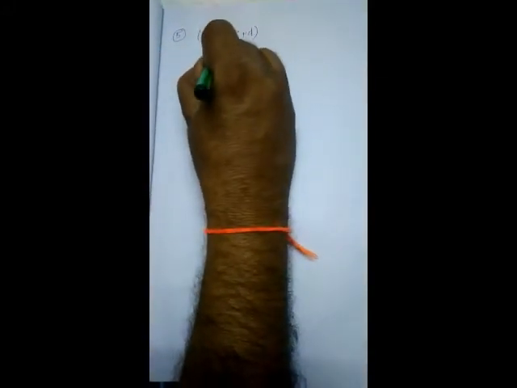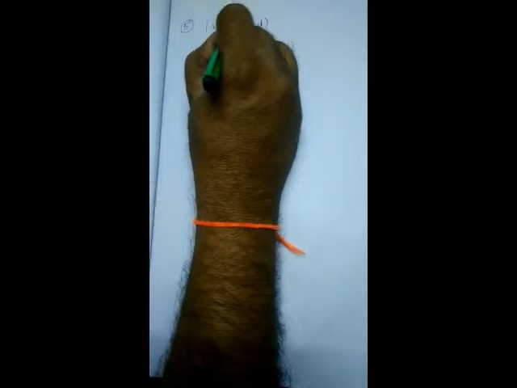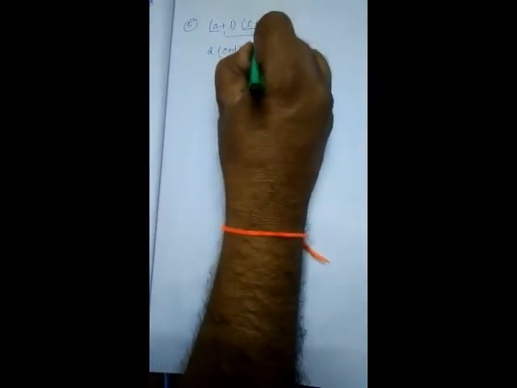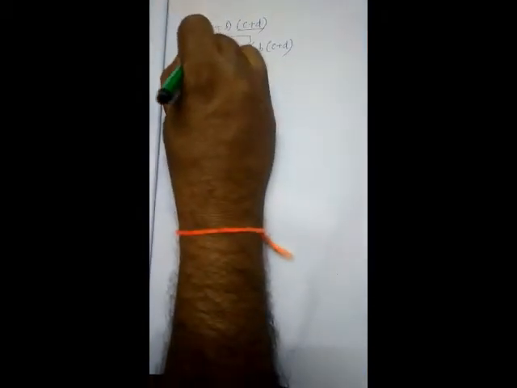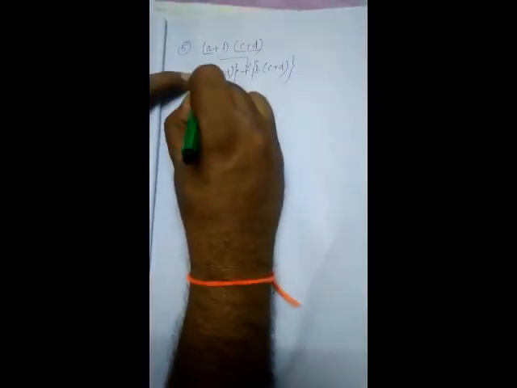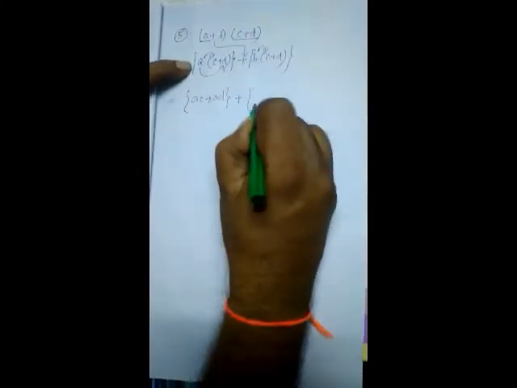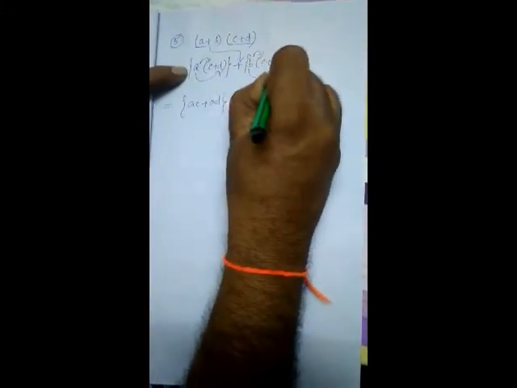Okay, one more, the fifth example. A plus B into C plus D. How to write again? A of C plus D plus B of C plus D. Use curly brackets. Now, A into C, AC, plus A into D, AD, plus B into C, BC, plus B into D, BD.